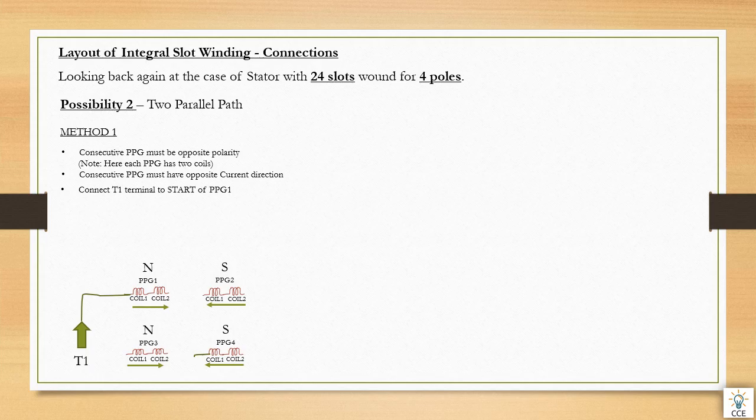So in method 1, again you place the consecutive pole phase groups, which should be of opposite polarity. Now those consecutive pole phase groups must have current directions which are opposite to each other because the polarity is opposite, and we start by connecting the terminal 1 to the start of the pole phase group 1.